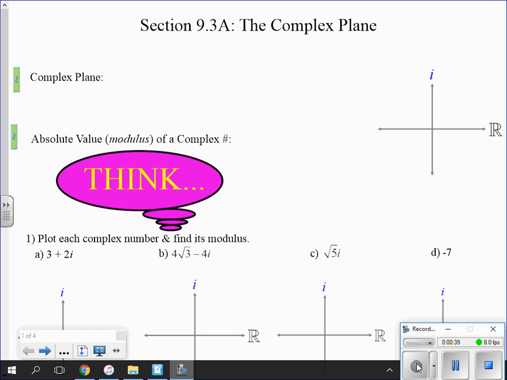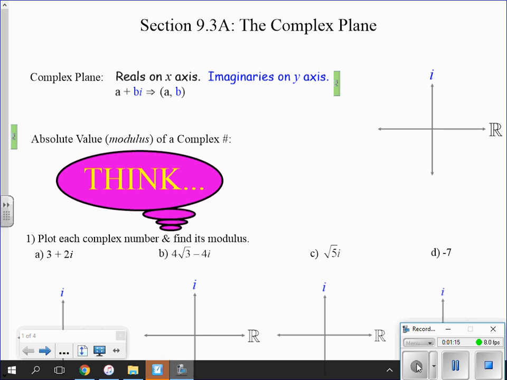Okay. So today we're dealing with the complex plane. The complex plane is basically how you graph complex numbers, a plus bi. Remember your complex numbers? They're plotted as a coordinate, (a, b), where a is the real portion along the x-axis. The imaginary portion is now the y-axis.